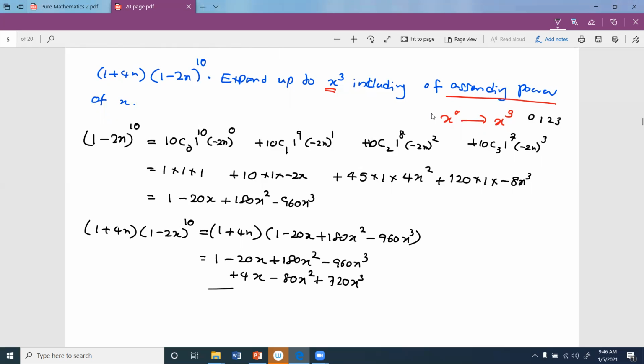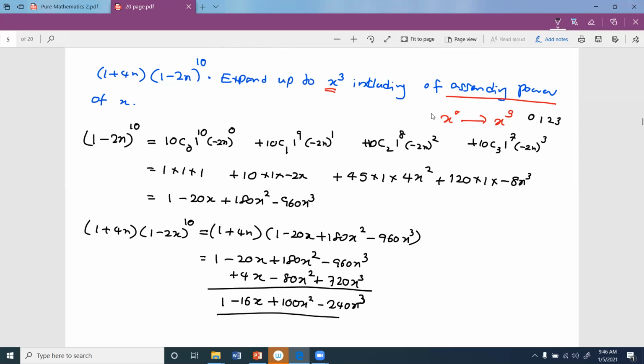Then you just add them together. Then it turns up to 1 minus 16x plus 100x squared minus 240x to the power 3. That would be the answer for that, right?